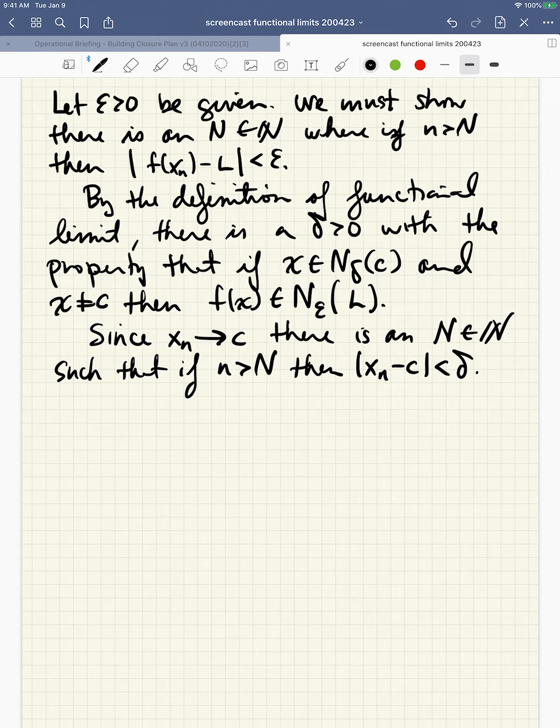So I'm using convergence of my sequence with the delta that's given from functional convergence, which we're not used to, but just make a note of that.